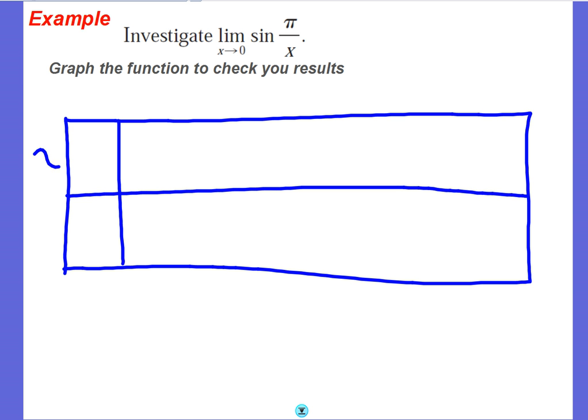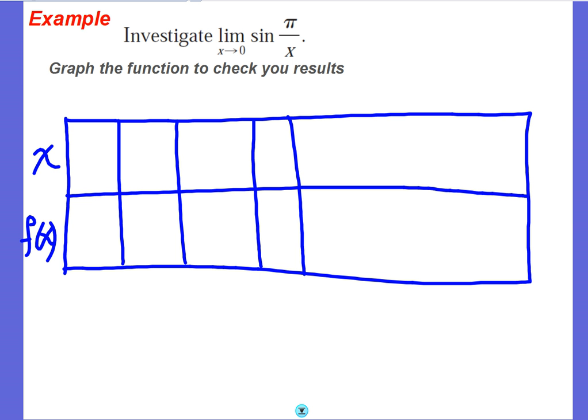Let's have our x values and our f of x values like that. Let's have our 0 there.